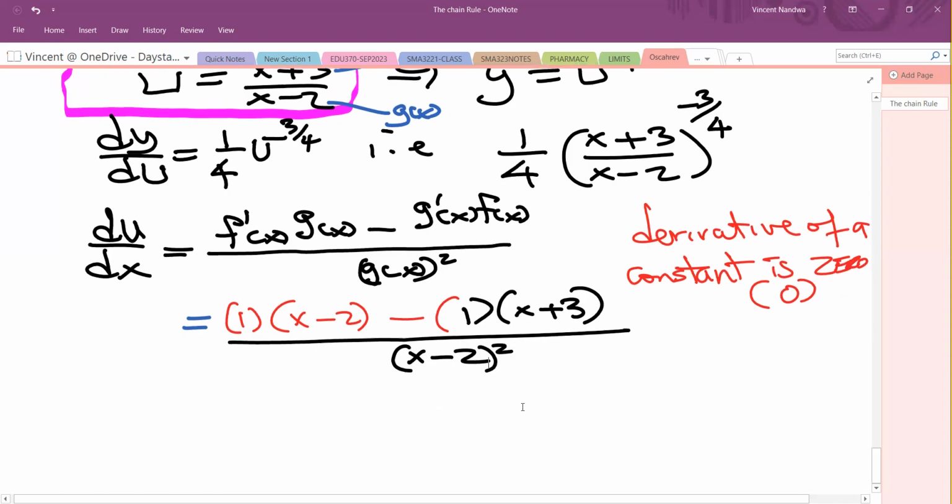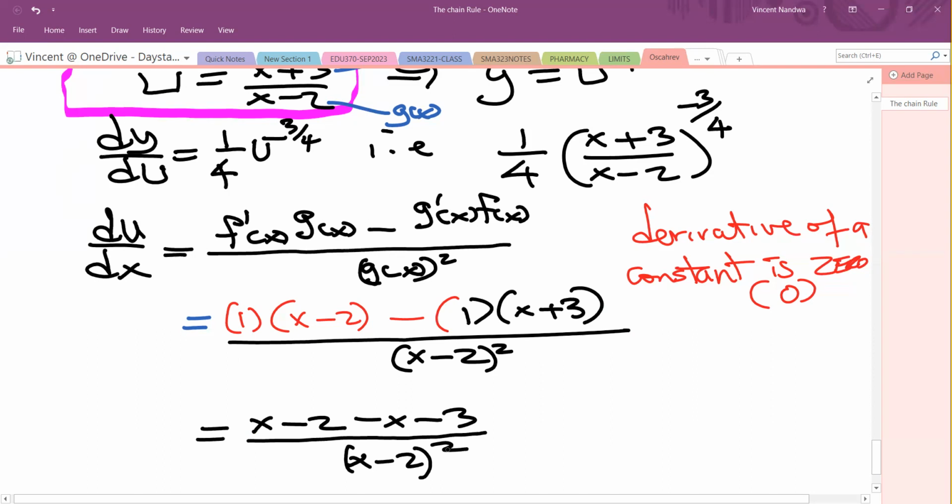Yeah. Sasa tuna simplify this. 1 times x. 1 times minus 2. Minus 2. Minus 1 times x. Minus x. Minus 1 times 3. Minus 3. I'm happy that now you are very careful with signs. So that should be encouraged. So the way you are very careful with signs now, I want you to be very careful with the derivative of constants.